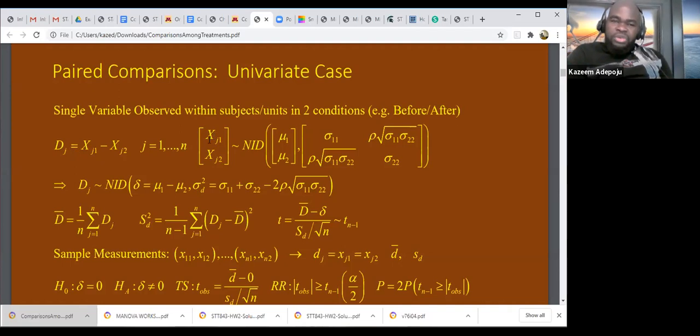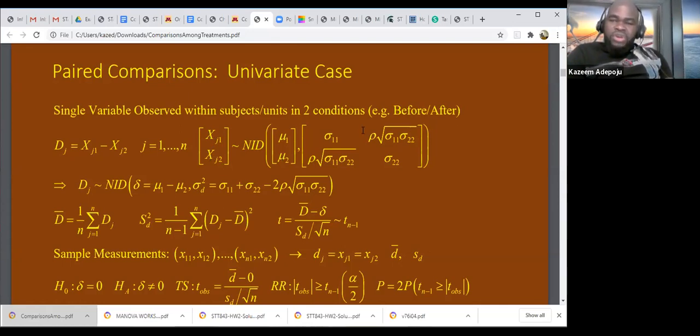So I'm going to have it this way, in a vector form, and it's going to follow a normal distribution. The two variables are identically normally distributed, and they're going to have their mean vector, mu1 and mu2. The mu1 here is just the mean of this, and the mu2 is just the mean of that.